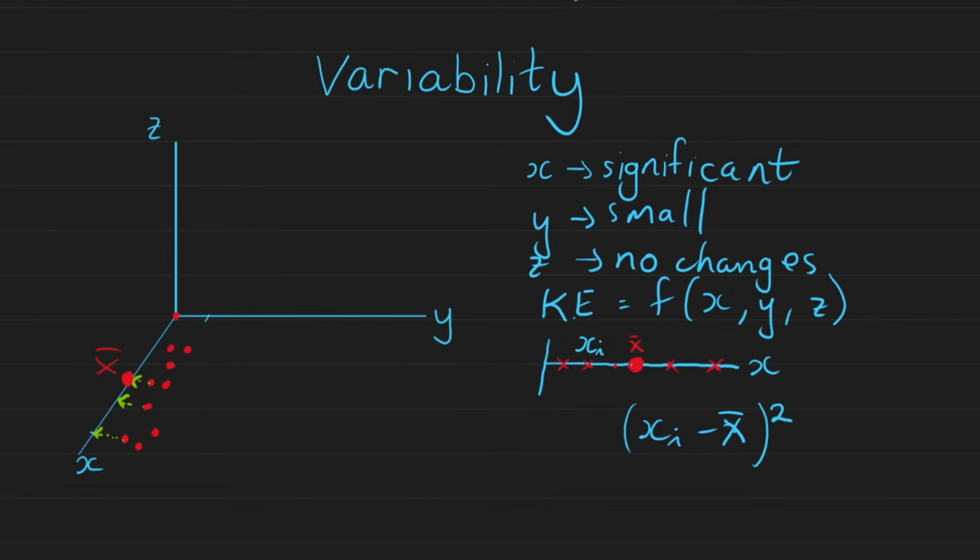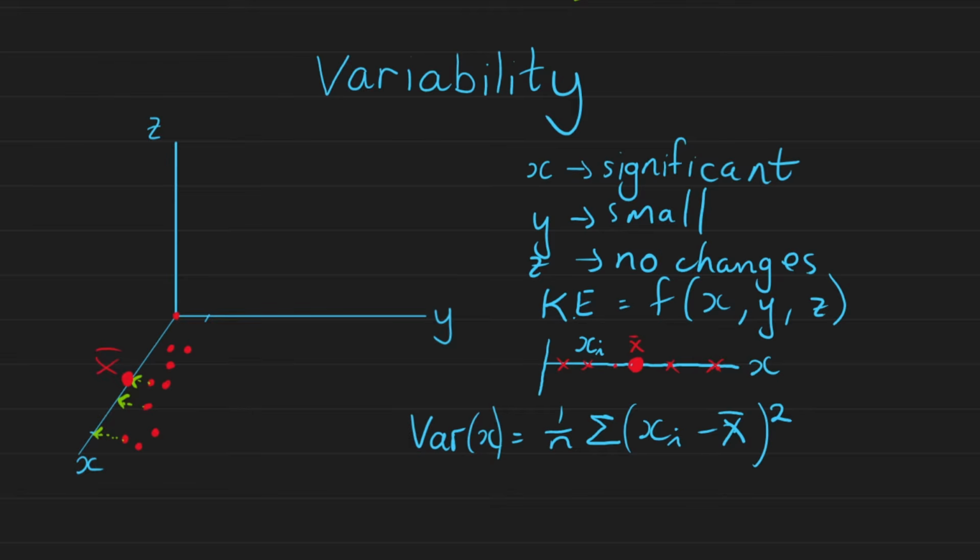So when we square this, and then we do it for all the different positions, and then we add it up together, and then divide it by the number of points that we have, then what we get is the variance along the x direction. And that's what it's equal to.